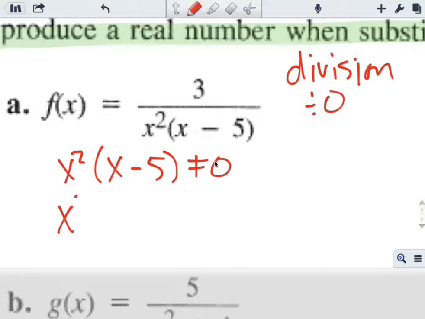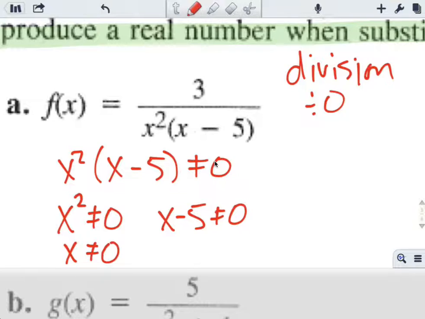Okay, so if y'all remember your zero product property from Algebra 1, it means x squared can't be 0 or x minus 5 can't be 0, because if two things multiply to give us 0, one or the other is 0. So x can't be 0 and x can't be 5.